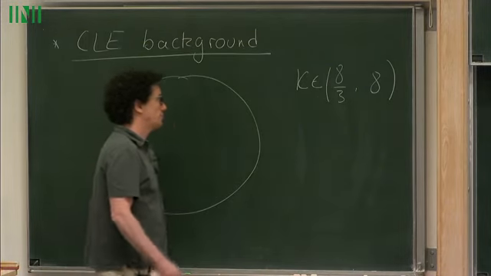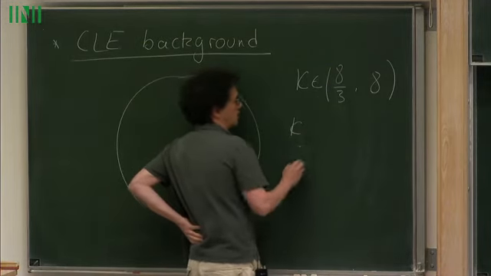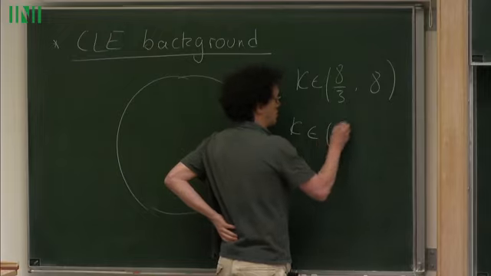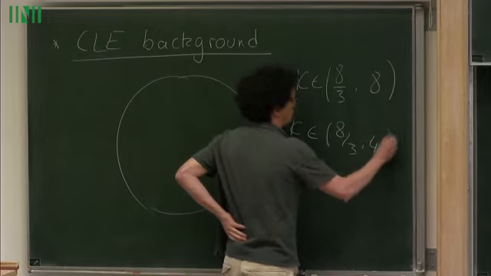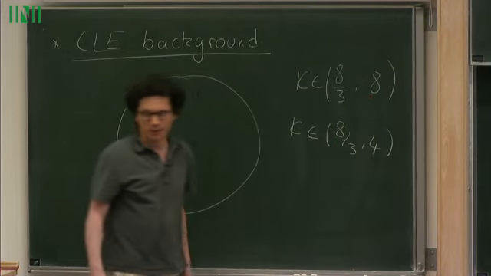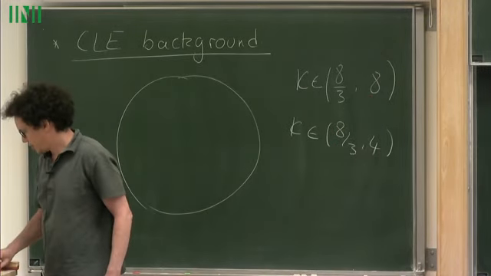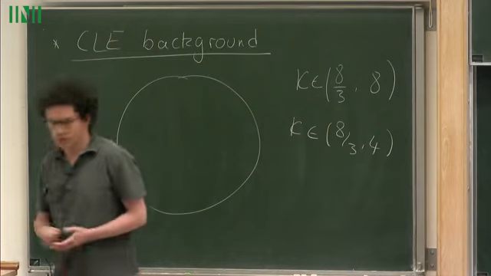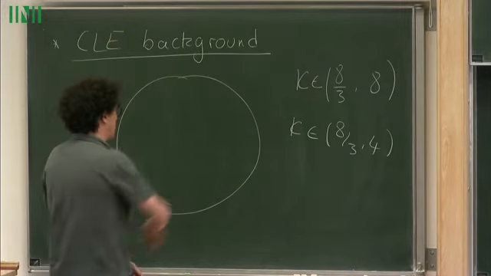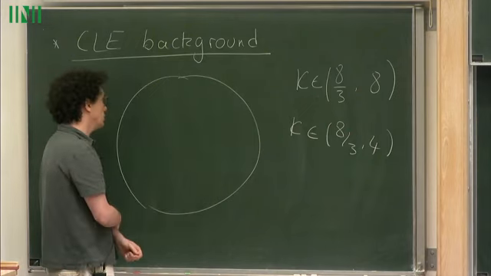And maybe for the purpose of today, we're going to focus on kappa between 8/3 and 4. But most of what I'm going to say in the first part, in recalling things about CLE, is going to be valid also on the other side with some minor differences.